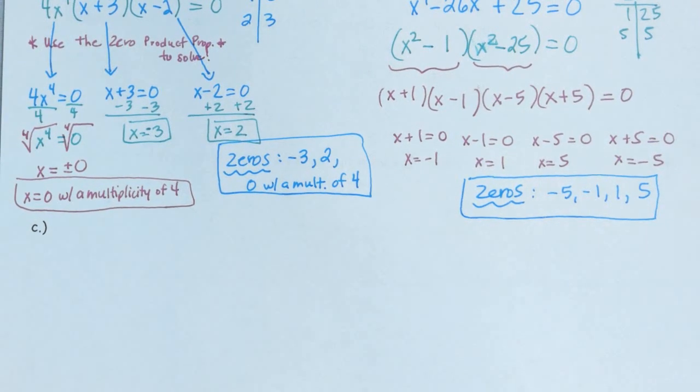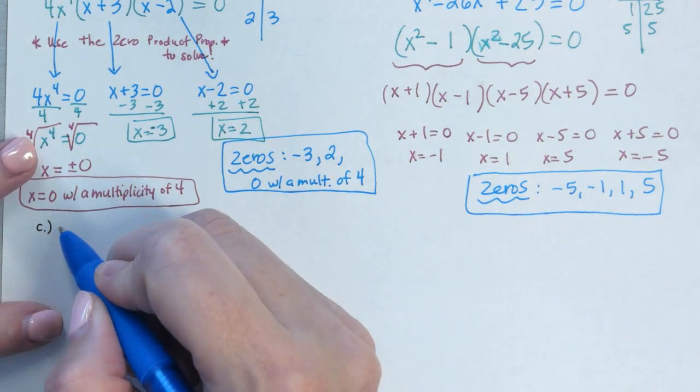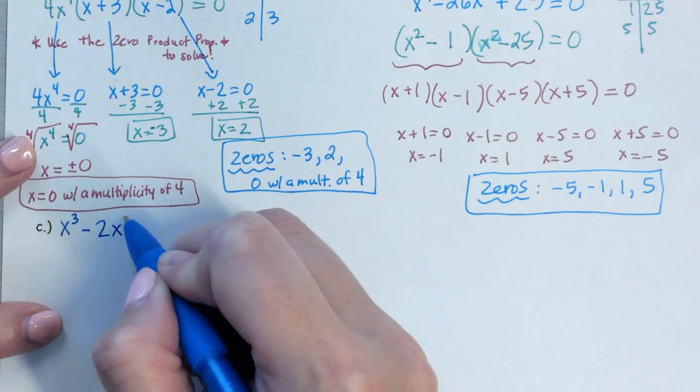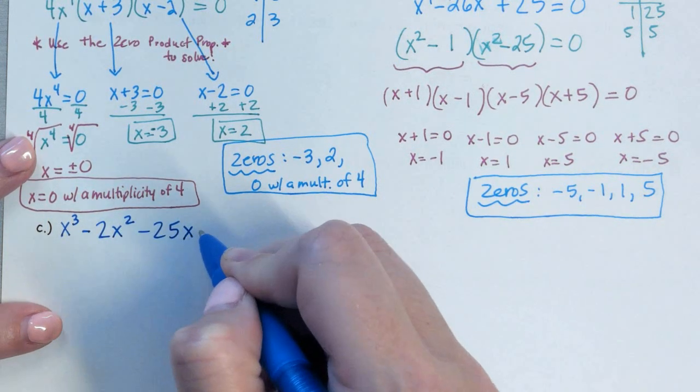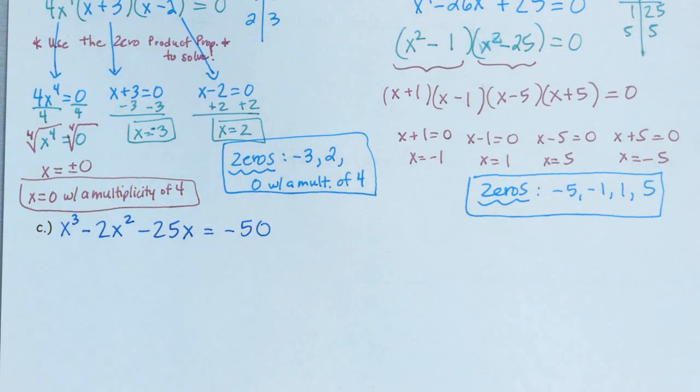All right. And part C is x to the third minus 2x squared minus 25x equals negative 50. Okay, so I want you to see if you can factor that.